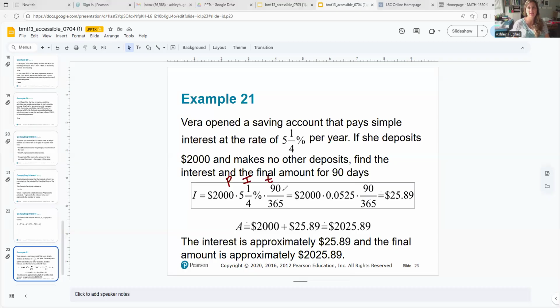Now, why do we put it over 365? Because time is in years. So 90 out of 365 represents how many years there would be. And so the amount she's going to need to pay is the original principal plus the interest, which is this.